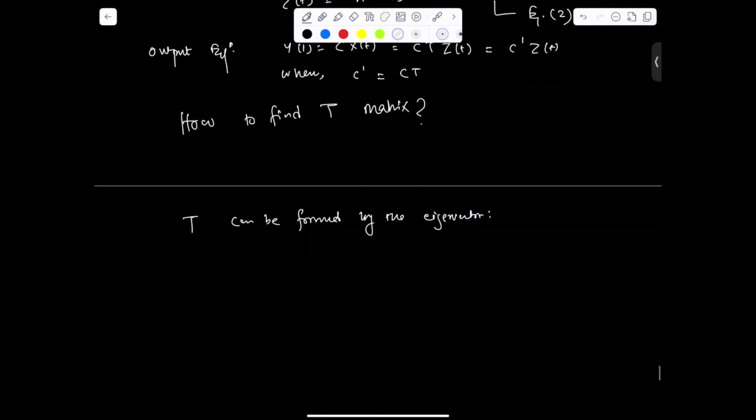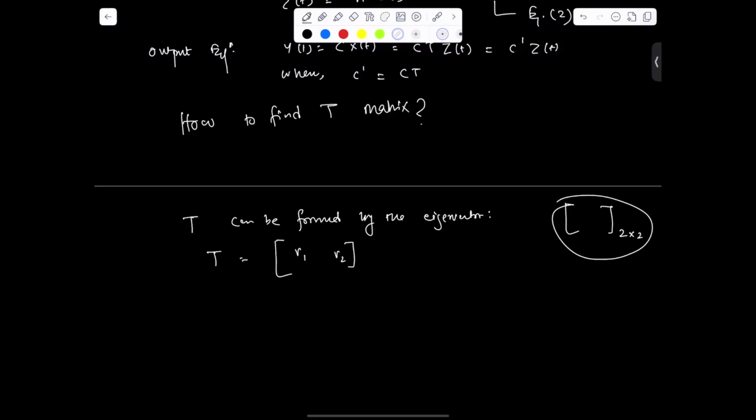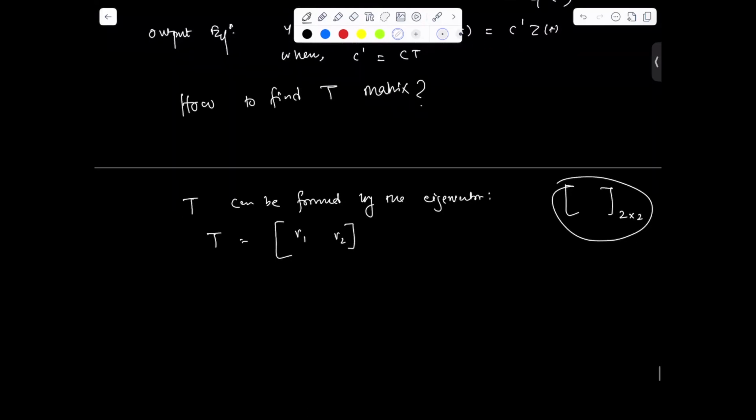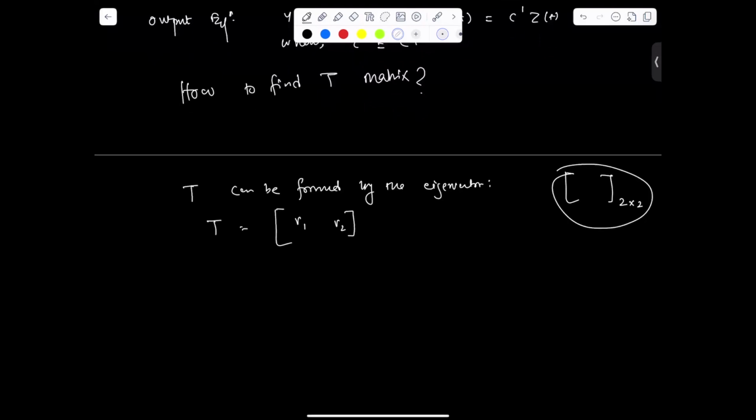So suppose for example we are using a 2 cross 2 matrix. We'll have 2 eigenvalues, and for the corresponding eigenvalues, we'll have eigenvectors, right? So for this 2 cross 2 matrix, we'll have 2 eigenvectors, V1 and V2, which we can write like this. So this is nothing but the transformation matrix. Okay. Now the question is how to find eigenvalues, because eigenvalues will help us to find the eigenvectors.